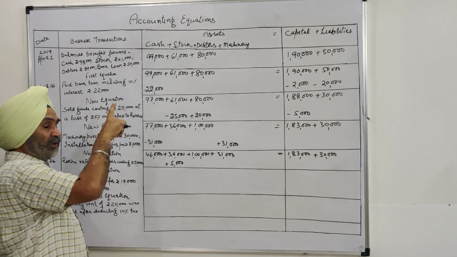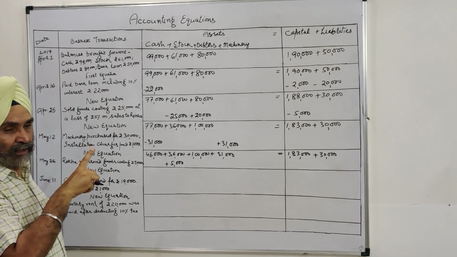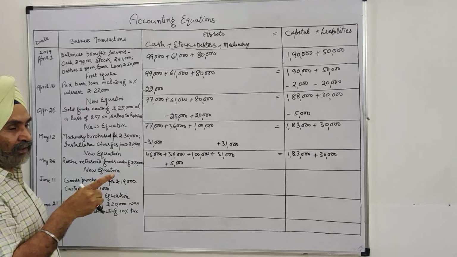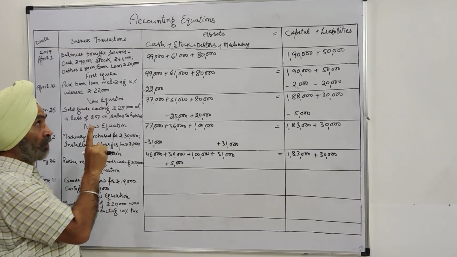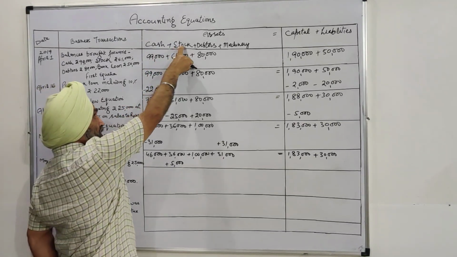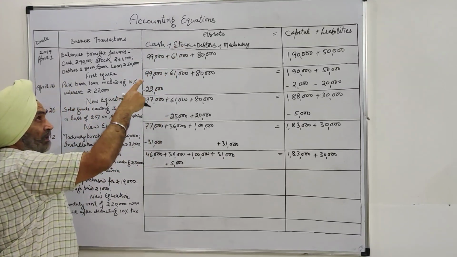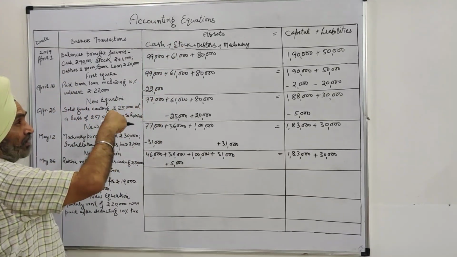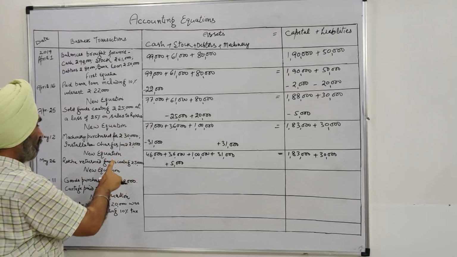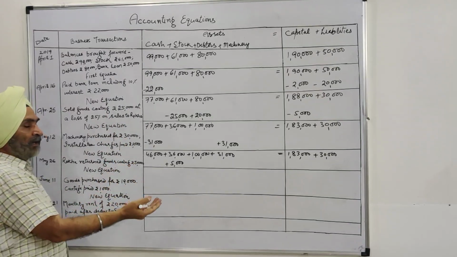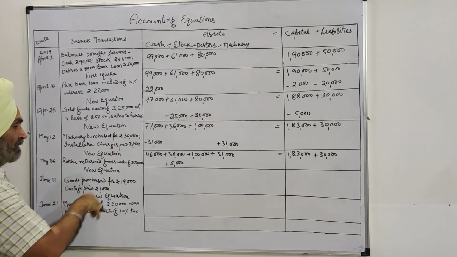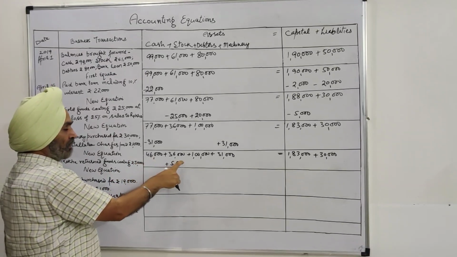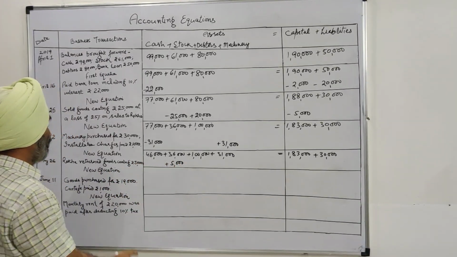Stock increases or decreases with cost only, not with the sale price. So stock is at cost. When sold, it is decreased at cost. When purchased, it is increased at cost. So costing 5,000 are returned by the customer to us. Hence our stock will increase by 5,000.